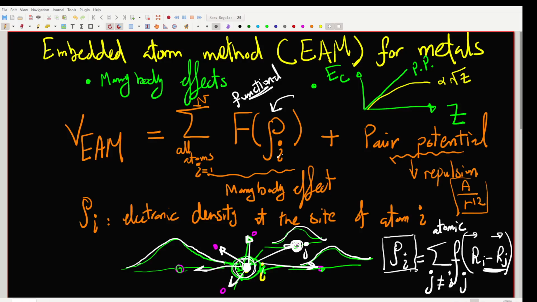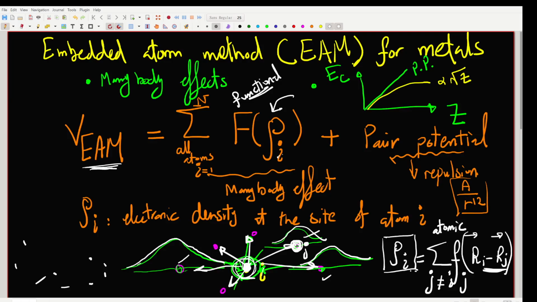So after you do this plugging, you get some contribution to the total energy. Of course, you repeat this exercise for each atom in the crystal until you finish this calculation, okay?